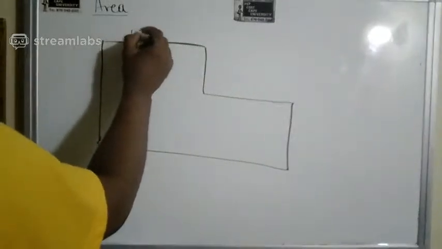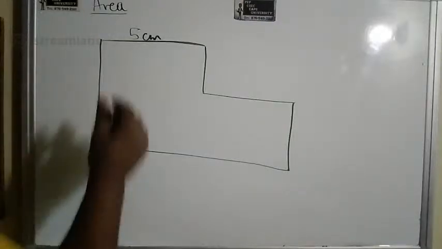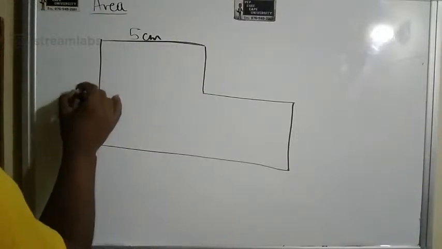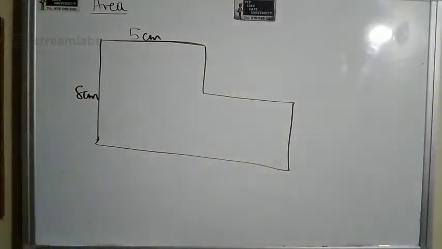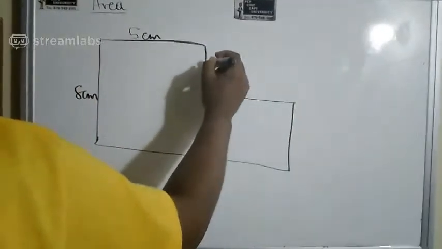So from right here to right here is 5. They give us this to be 8. And from here to here, this is 4.